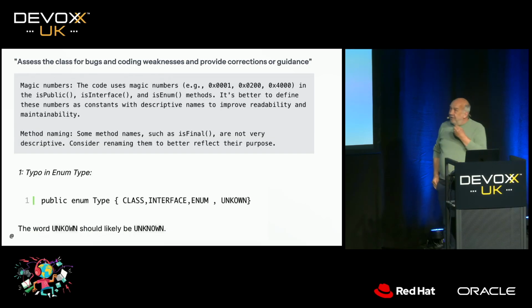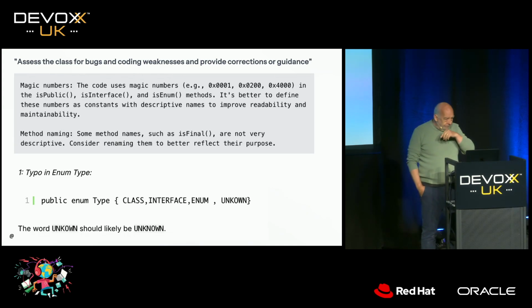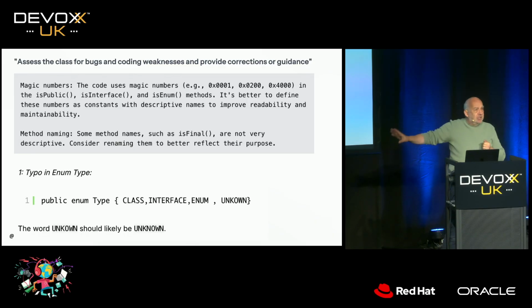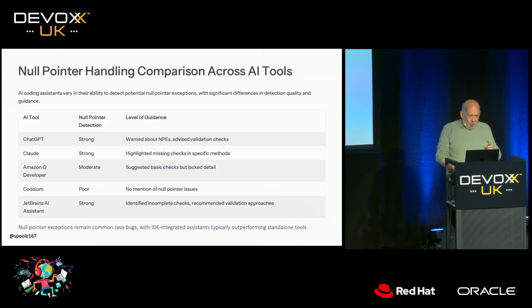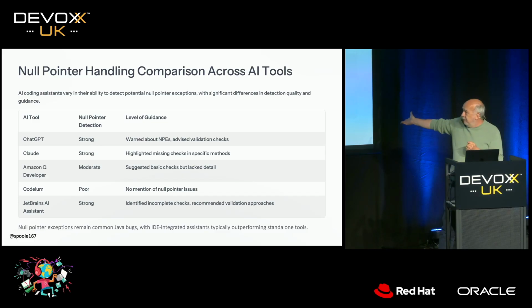So then I said to these tools, okay, critique the code. Have a look at the code. Tell me what you think. And I got stuff back, right? I'm not going to tell you which tool did which, because uniformly it was pretty poor. It came back with null pointer handling comparisons, and some of the tools would tell me good stuff, and other tools would completely get it wrong.